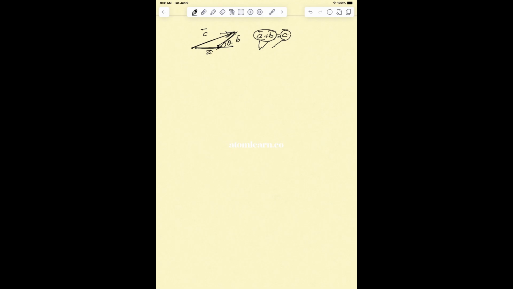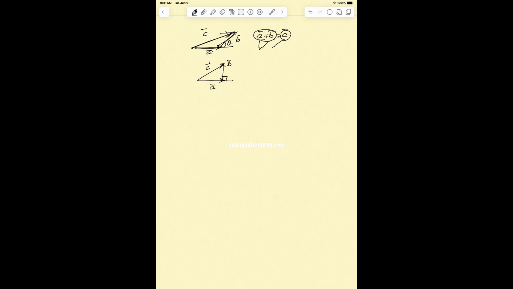Instead, if we avoid using that theta and make them perpendicular, suppose this is A vector, this is B vector, therefore this is C vector, then we can simply apply the Pythagoras theorem. That is, we can eliminate the third term, plus 2ab cos theta, because theta becomes 90 degrees. That's why it is useful to have these components mutually perpendicular to each other.